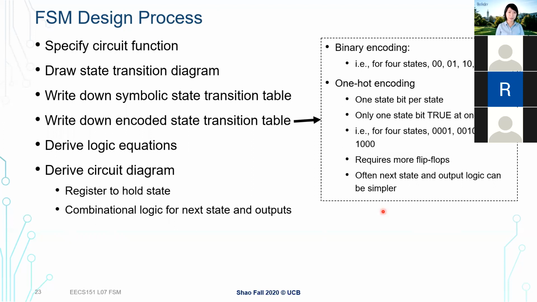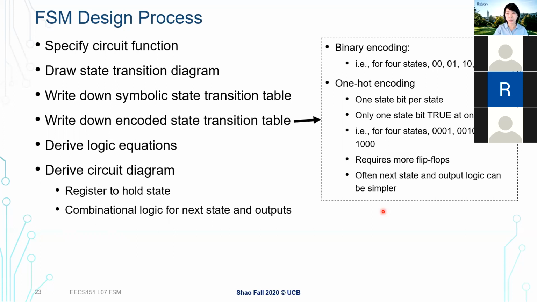As the first step, write down the symbolic state transition table. That's very helpful for thinking about how you convert from the diagram format into a table format. Then, to make it a real truth table, you need to think about what kind of encoding you would like to give to your states and also your inputs and outputs.